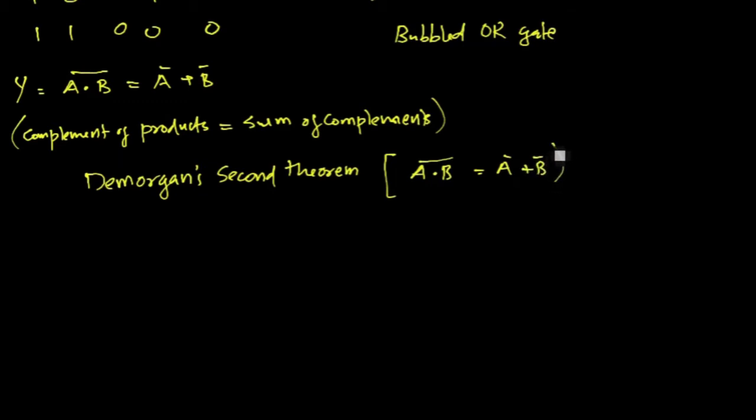These two theorems, De Morgan's first theorem and De Morgan's second theorem, are useful for solving complicated logic circuits.